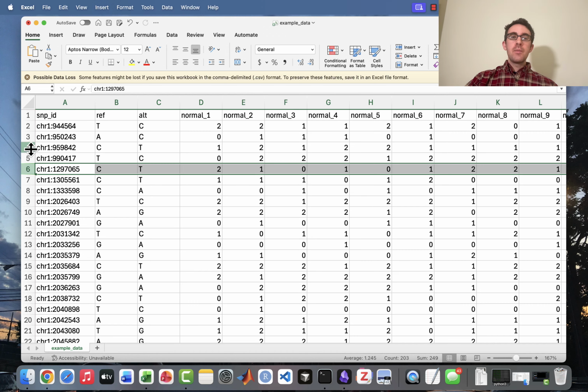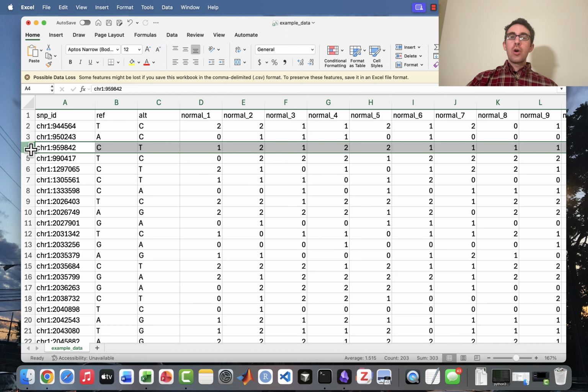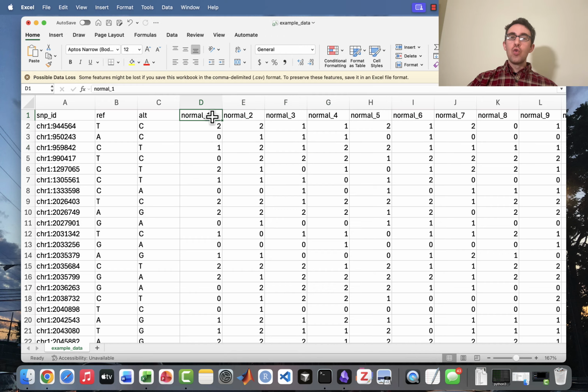And then for each individual SNP, we're going to ask, do we see a skew between these numbers and the labels of whether someone is normal or a zombie? Again, we call these numbers the genotype, and we call whether someone was normal or a zombie the phenotype.